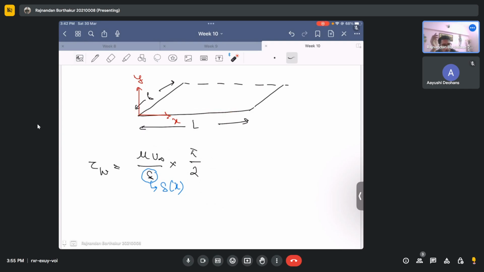But anyways, the bottom line is that when you move far downstream of the plate, your wall shear stress essentially decreases, so it's maximum at the leading edge.